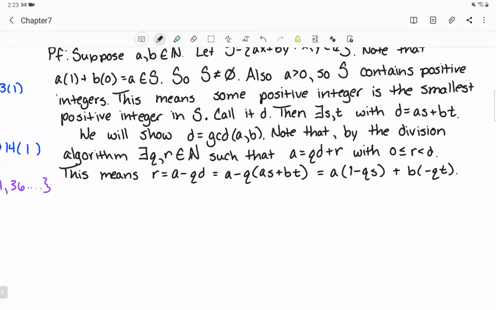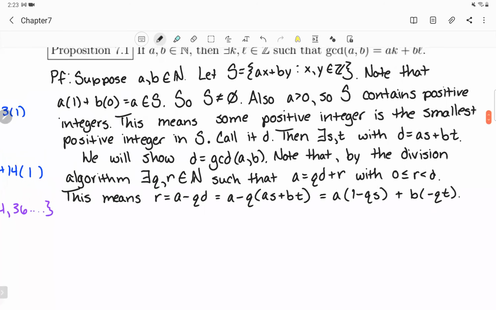Okay, so we have R equal to this thing here, but wait, look at the form of that thing. It's A times an integer plus B times an integer. So that means R qualifies to be in capital S, because that capital S is everything of the form A times an integer plus B times an integer, right?